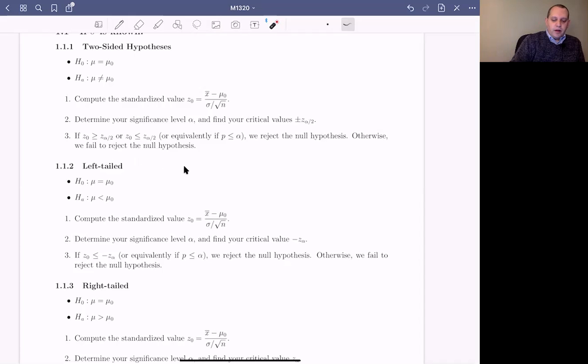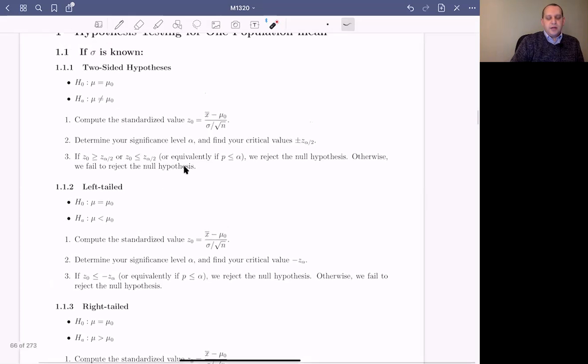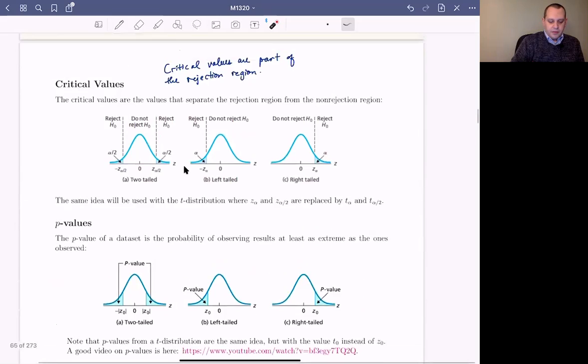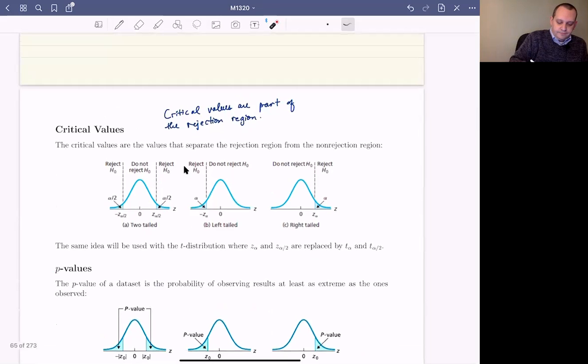You can have a type 1 error in one of 2 ways for a two-sided hypothesis test. Let me go back up. You can have a type 1 error. In other words, you could be wrong by underestimating or wrong by overestimating. And your total probability, your total willingness of getting a type 1 error is going to be alpha.